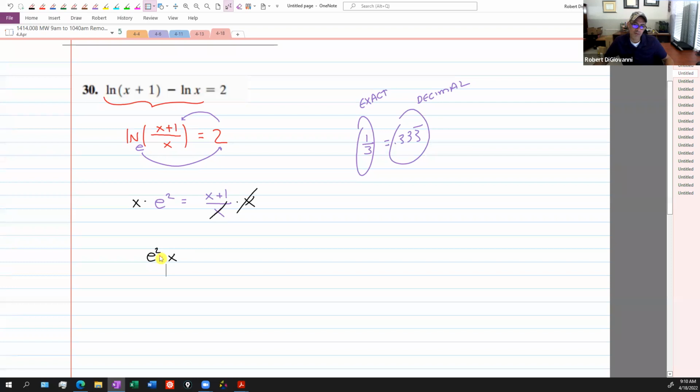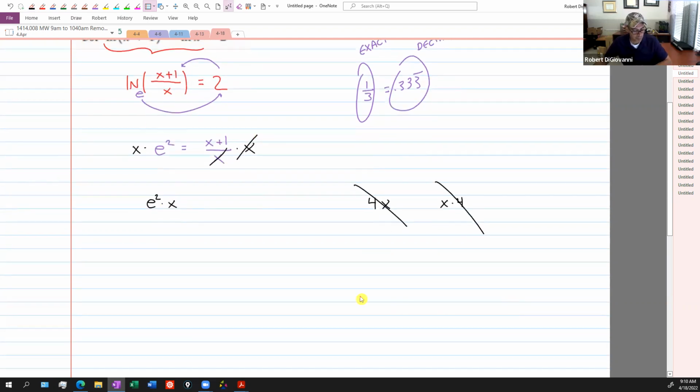I'm putting the e squared in front of x because if I had 4x, I'd write 4x, I wouldn't write x times 4. It's normal to put the number in front. Just trying to explain why I'm doing that. Okay, so that's that. This side here is just x plus 1.